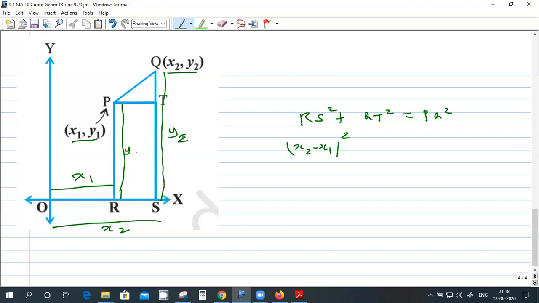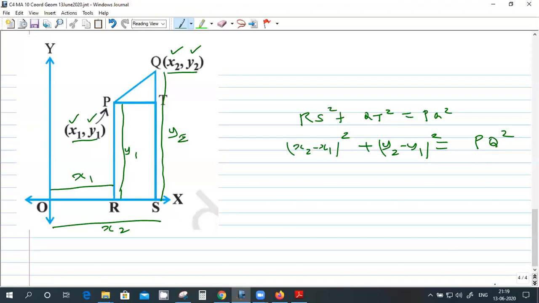So, what is QT? Y2 minus Y1. So, x1, y1 and x2, y2 are known because the two points are given. Since these quantities are known, I can find PQ.